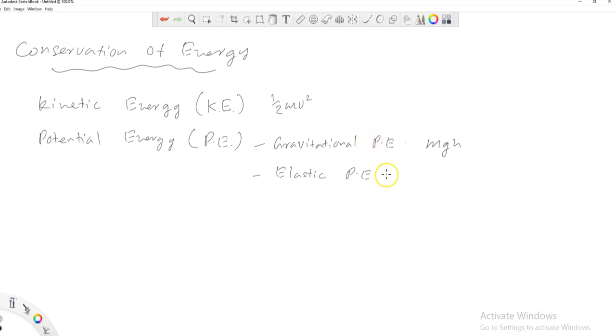And the equation for elastic potential energy of a spring is given by half kx squared. k is the spring constant, x is the amount you stretch or compress it. So we call these energies mechanical energies.